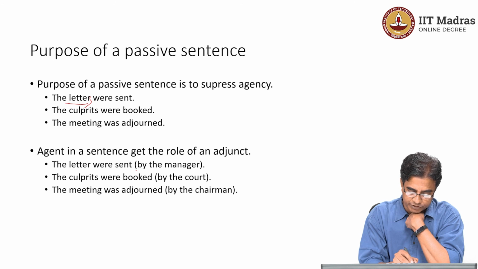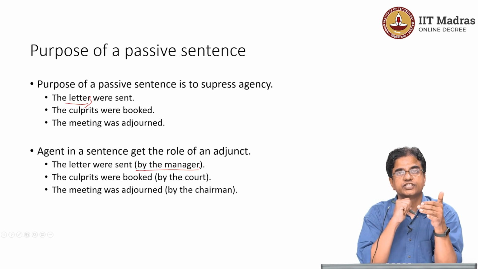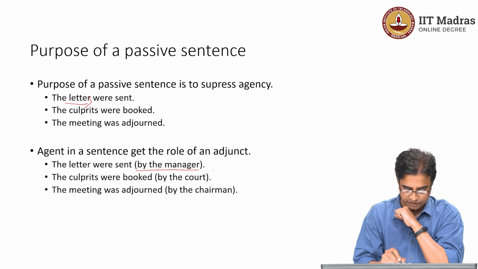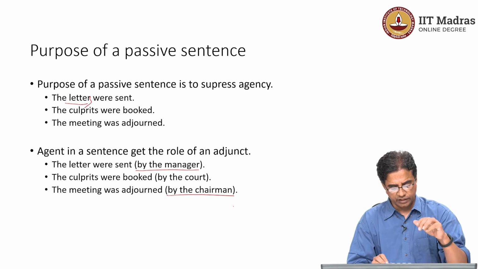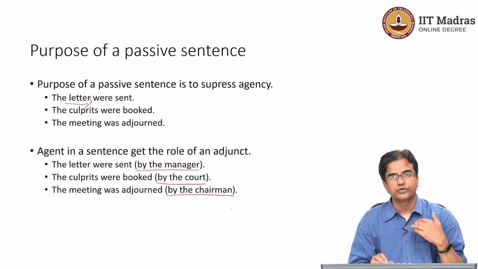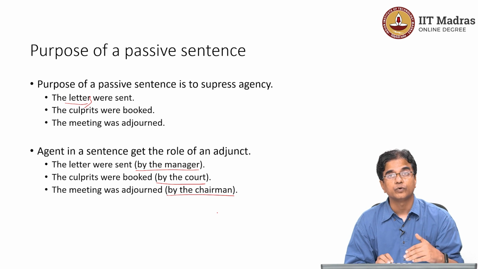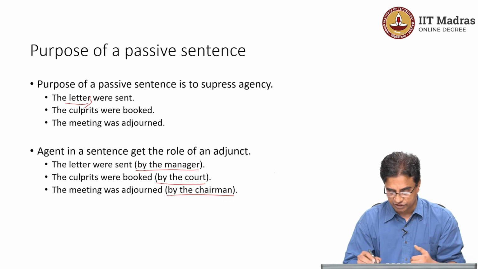So we can put the agent at the end of the sentence as an adjunct for additional information, but not required. Therefore, I am putting them in parentheses. The culprits were booked by the court and the meeting was adjourned by the chairman. We can drop them because the whole purpose is not to reveal information about the doer, about the agent.